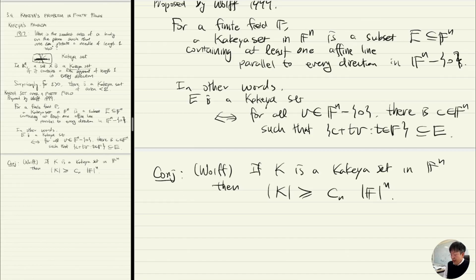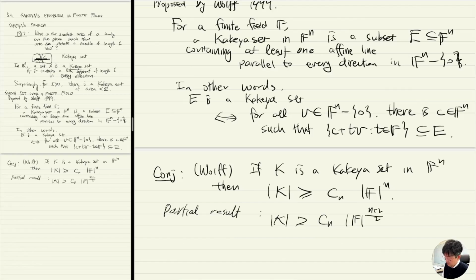That was the conjecture, and initially he proved a partial result, that K is at least c_n times F^((n+2)/2) with some sophisticated method.